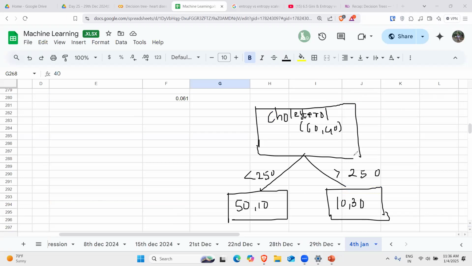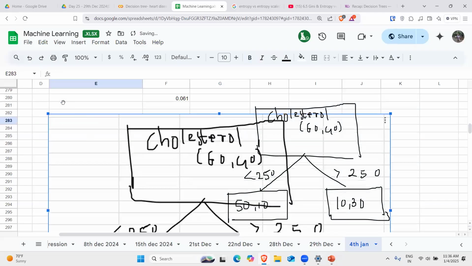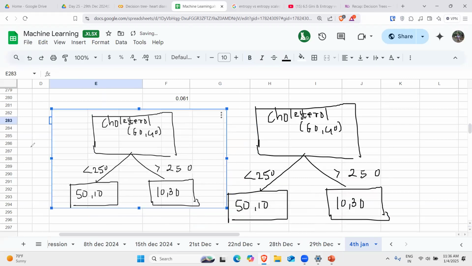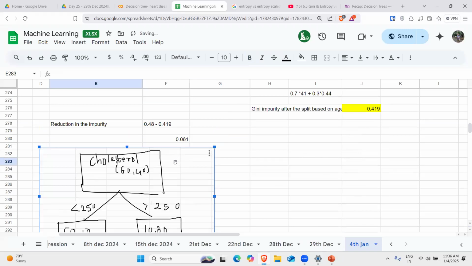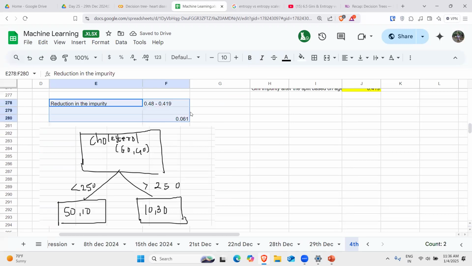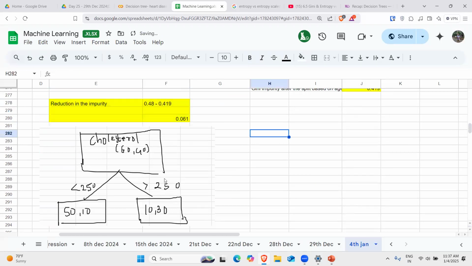Right? Now, I can take this out and let us do this split calculation, impurity gain, and that calculation which we have done for the sex column. We can do it for cholesterol, right? So just to write down over here, this is your reduction in the impurity, which is 0.061. And let us try to find it for cholesterol, right?